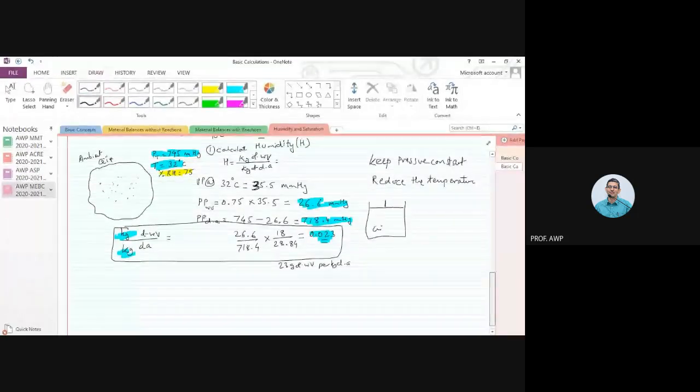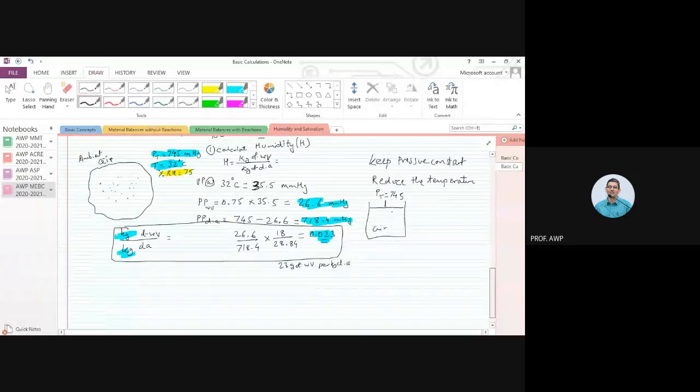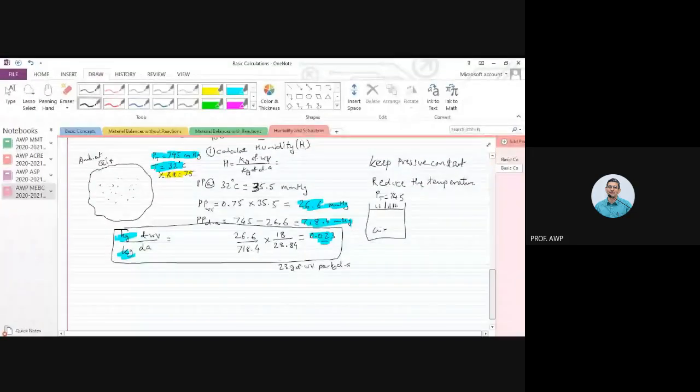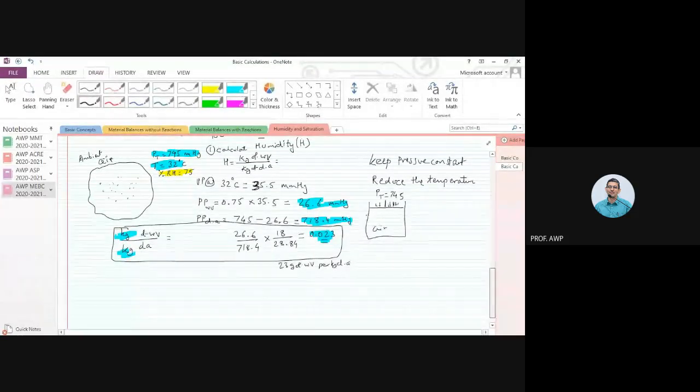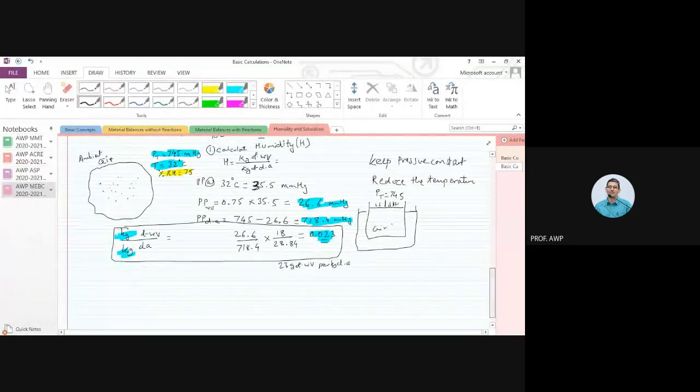So this is the air, and total pressure is 745. Total pressure is going to remain the same because it is open to atmosphere, right? On this piston, atmospheric air is acting. Now I start cooling this air. I put this in a water bath, and keep on putting ice, and I cool this air mixture, right?